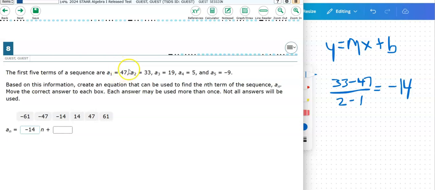And since we are subtracting 14 every step, look, 33 minus 14 is 19, 19 minus 14 is 5, and so on. If you go in the opposite direction, you'd actually be adding 14, like 33 plus 14, 47. So if I were to do 47 plus 14, I get 61. Yeah, that's what that is.